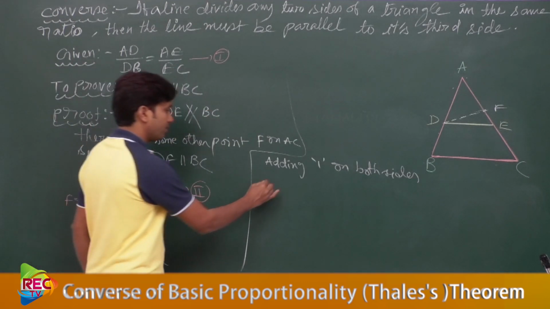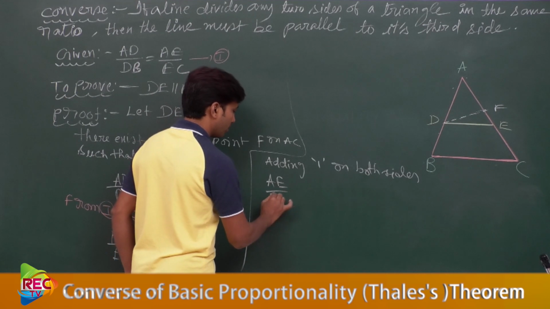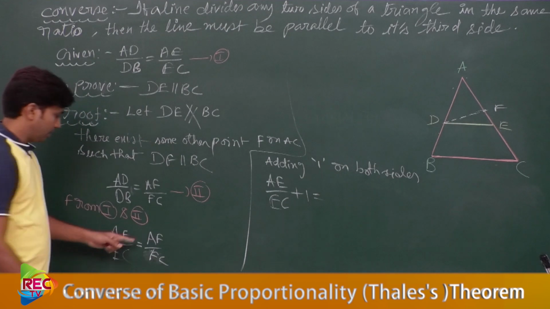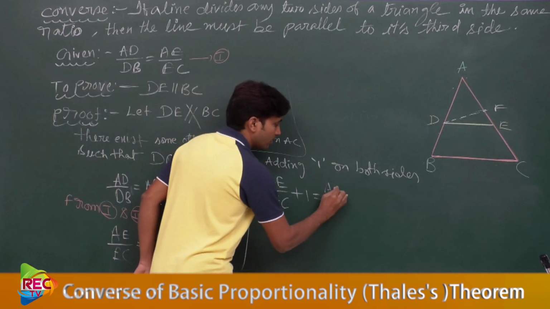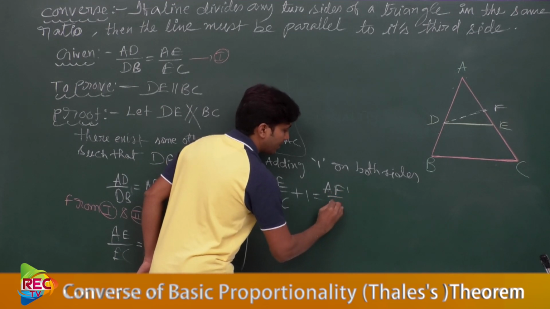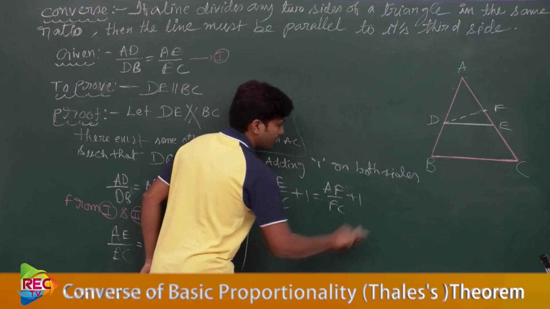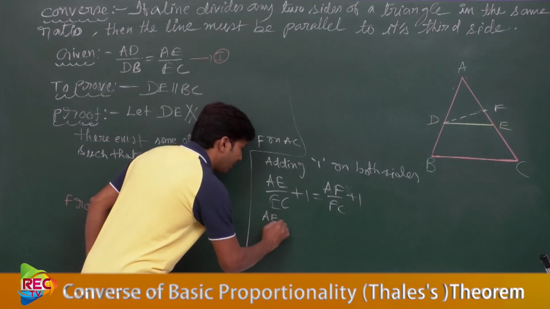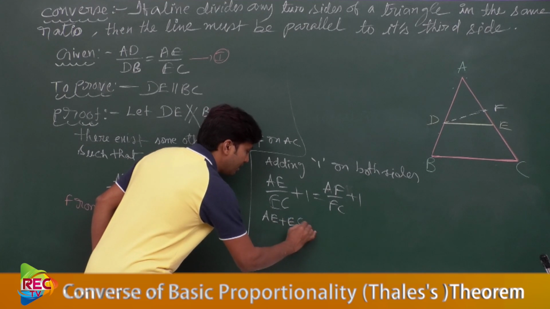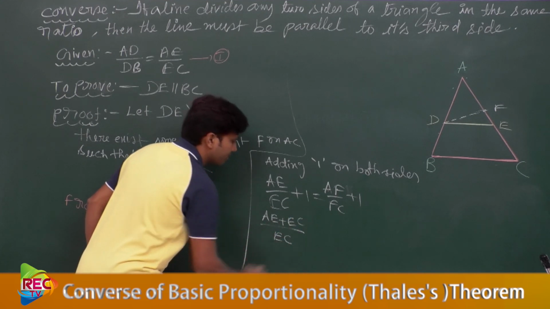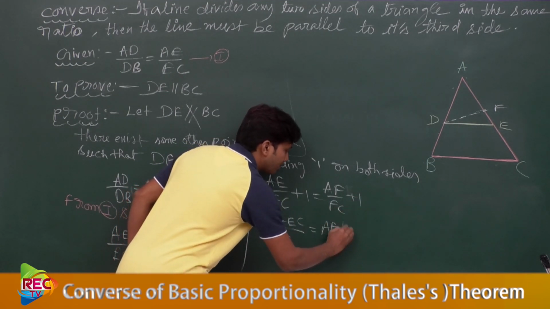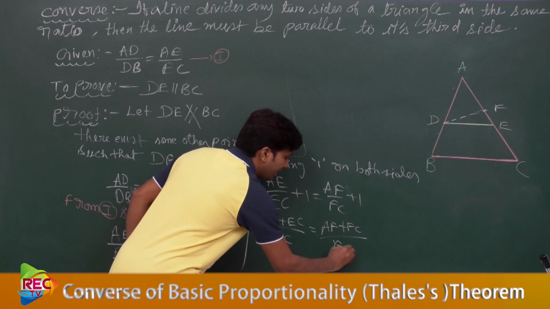AE by EC plus 1 equal to AF by FC plus 1. Taking LCM, what do we get? AE plus EC by EC equal to AF plus FC by FC.